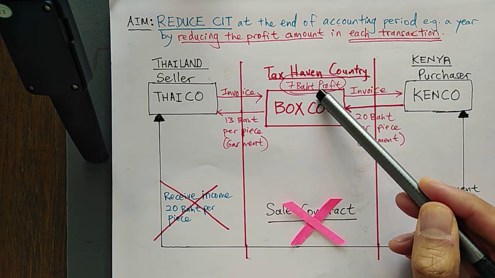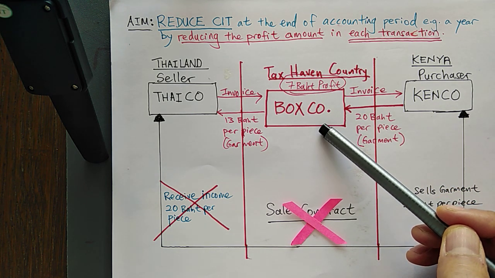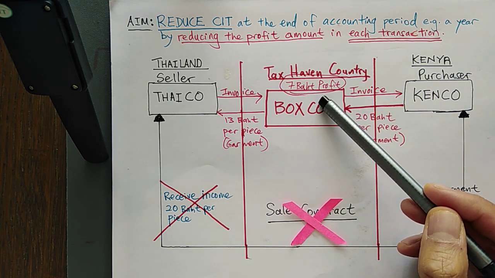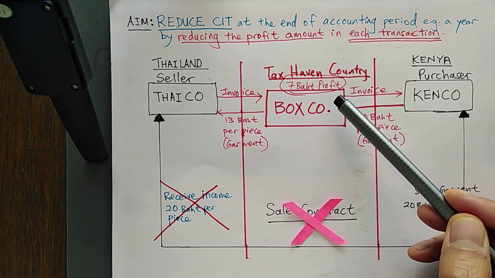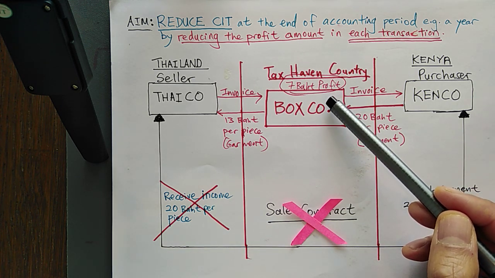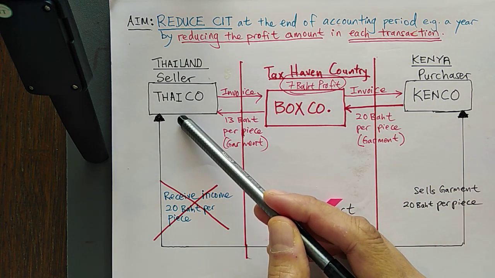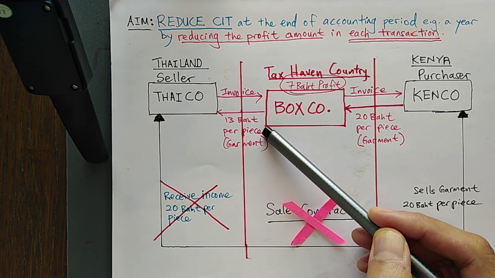Depending on the laws of that particular tax haven country, the 7 baht profit will be subjected to no income tax or very little income tax. The 13 baht coming here to the Taiko, there's a certain profit to it, but not a lot.